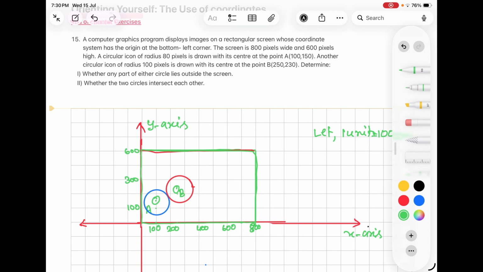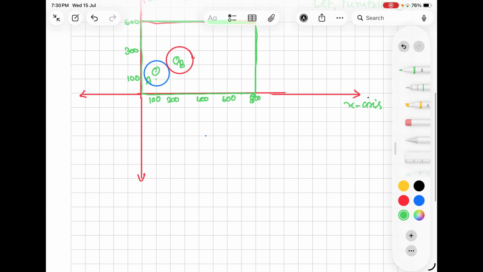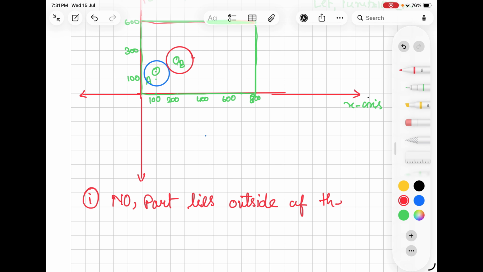So our first question answer will be no. You have to write the answer of the first part. No part lies outside of the screen.